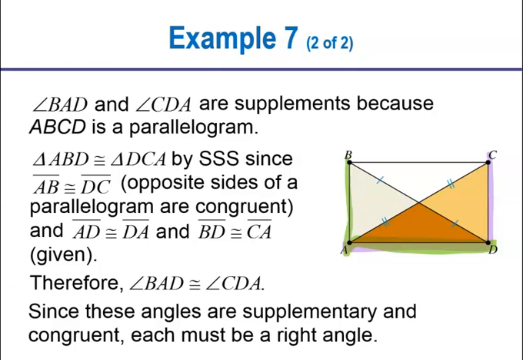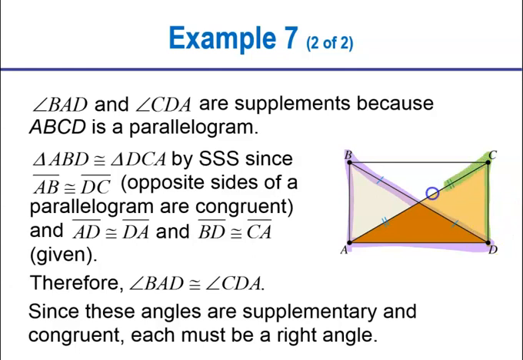Now, triangle ABD and triangle DCA. So once again, I'm going to erase what we have here and then highlight. Triangle ABD, so there's the triangle in purple, and triangle DCA, and I'm highlighting that one in green.